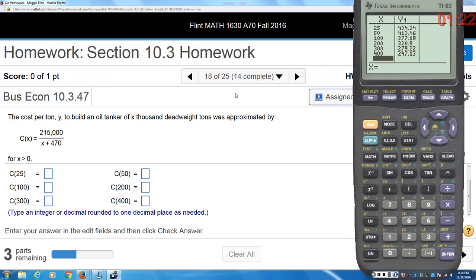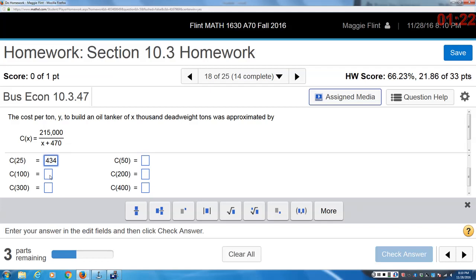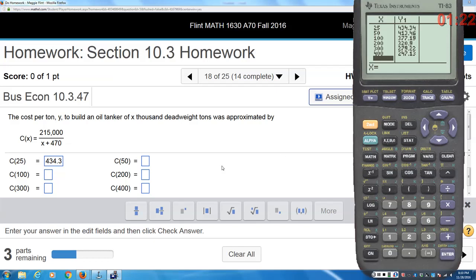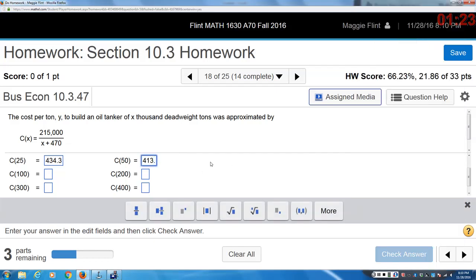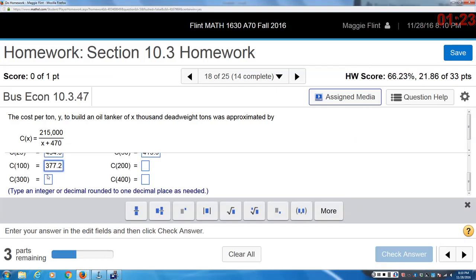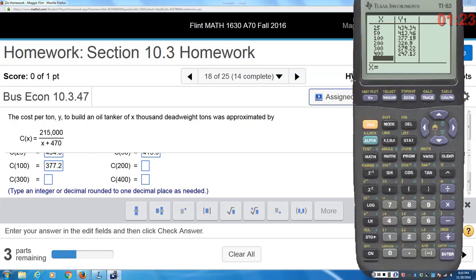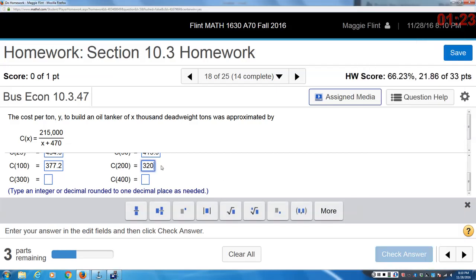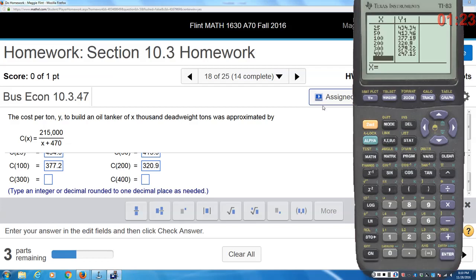So 434.3. 413.46 would be 413.5. 377.2. 320.9. 279.2 and 247.1.